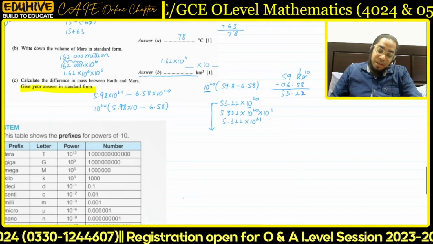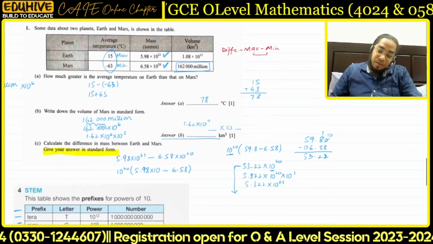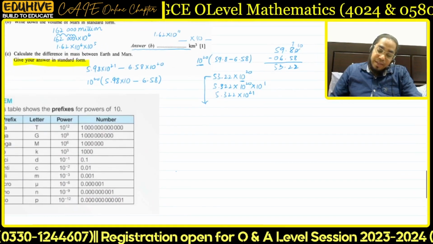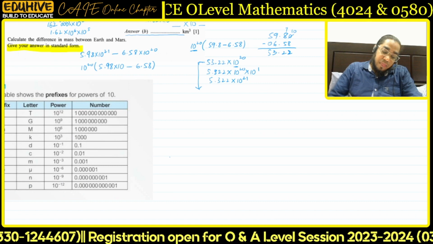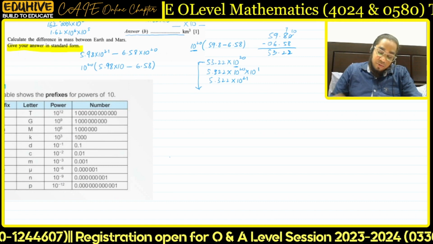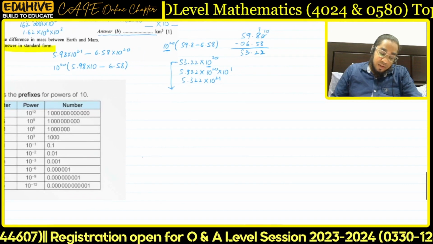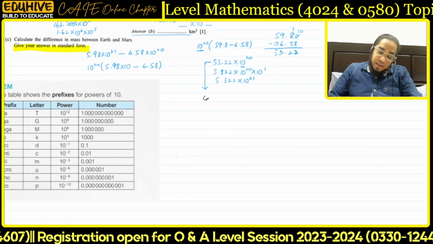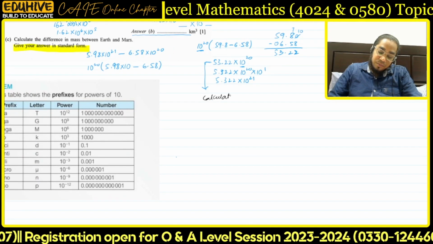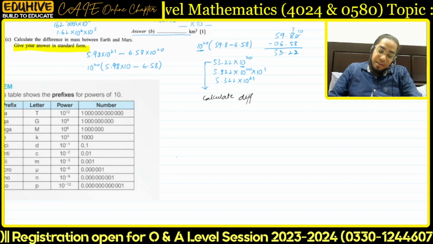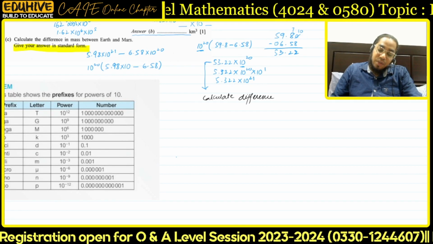Is this question clear to everyone? You didn't get this. Okay. They do not write, let's suppose, what dash. I'm just telling you. Let's suppose they ask to calculate the difference and did not mention how the answer should be.